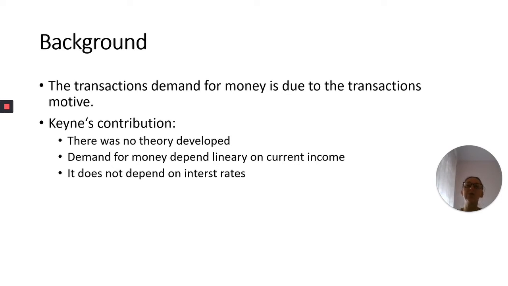There are many cases under-discussed there, which means that we need to have adjustments and we need to exploit the theory much more. In Keynes' model, what he meant was that transactions demand for money depends linearly on current income, and interest rate is not important.